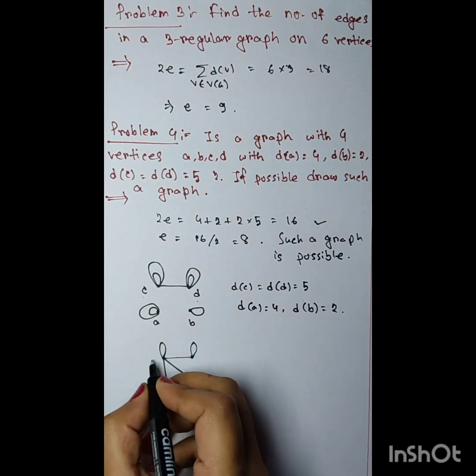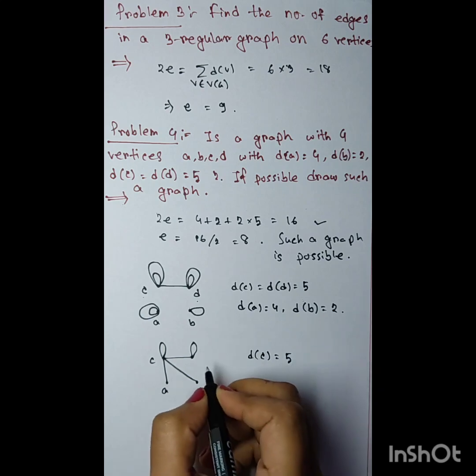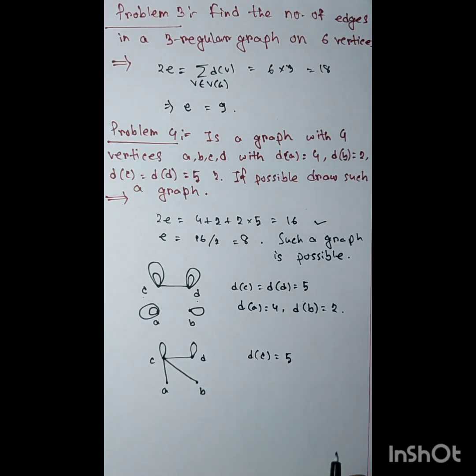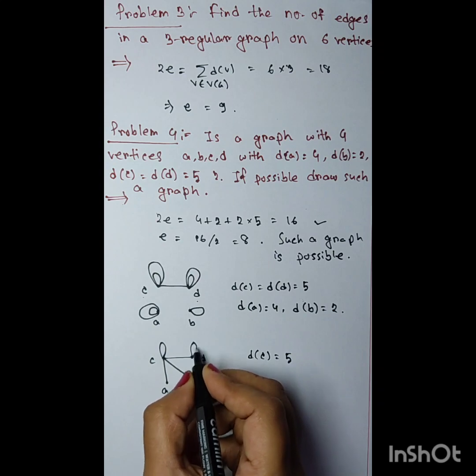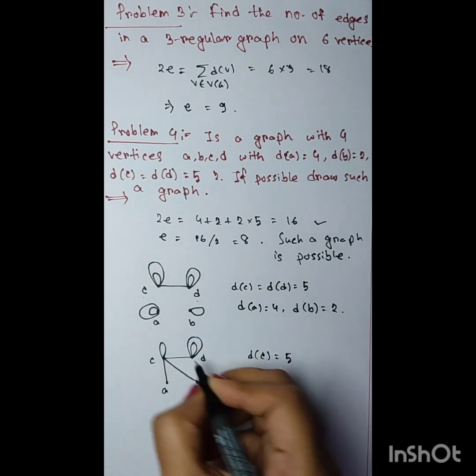So degree of C we have gotten to be 5, and degree of D also we have to make 5, so already we have 3, so we can add one more loop here.